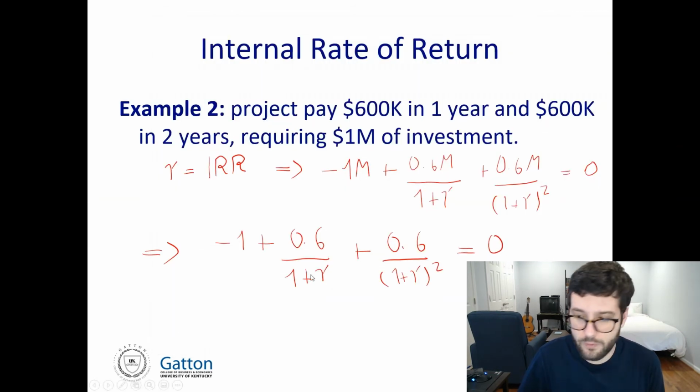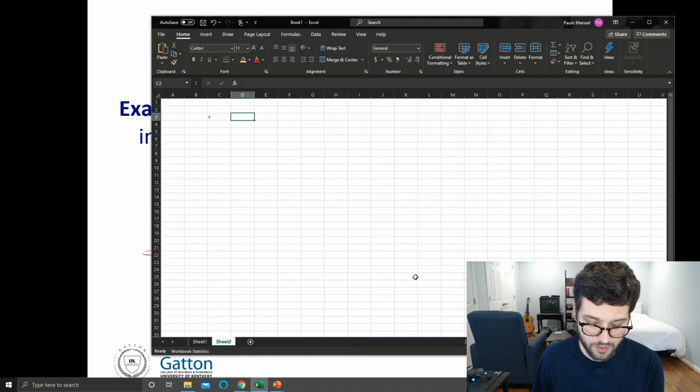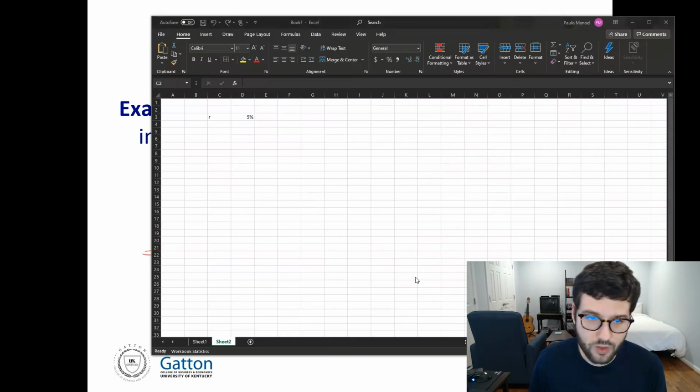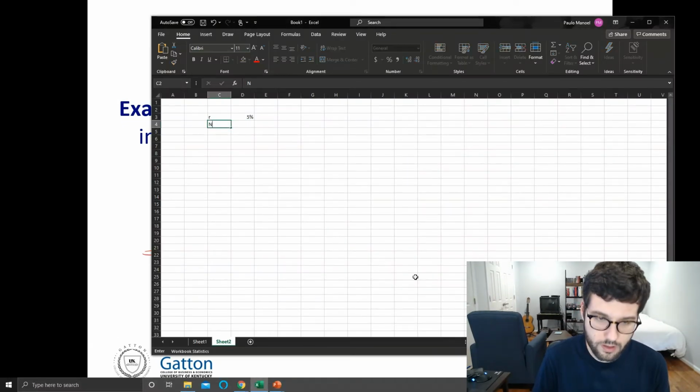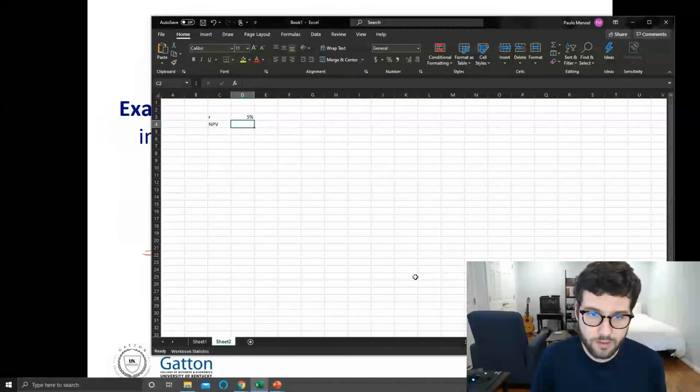So the first thing that we have to do is to write this formula for a generic value of R. So let's say that R is equal to 5%, and I'm going to write the NPV as a function of this R. So the NPV is going to be minus 1 million, so minus 1.